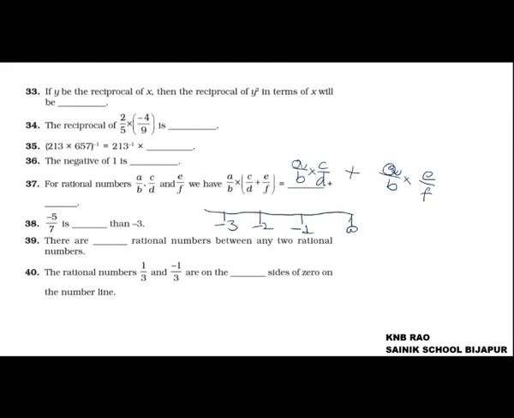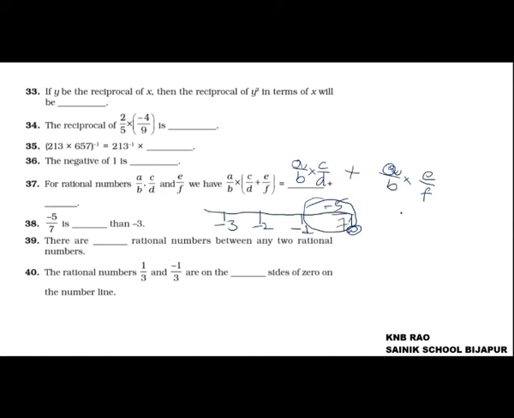Try to observe where this minus 5 by 7 lies. It lies somewhere between 0 and minus 1. That means minus 3 is left side of minus 5 by 7. That is what you can observe.